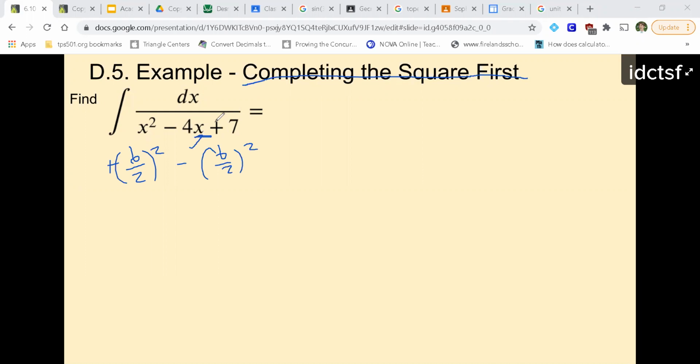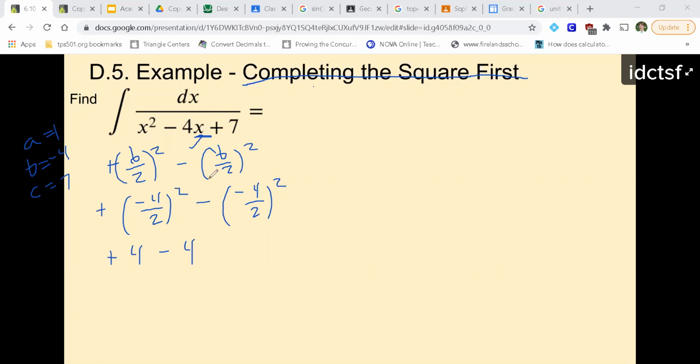Where for our problem, our a value is 1, our b value is -4, and our c value is 7. So for our problem, we're going to add -4 over 2 squared and subtract -4 over 2 squared into our problem, which would be -2 squared is 4. So we're going to add plus and minus 4 into the problem.